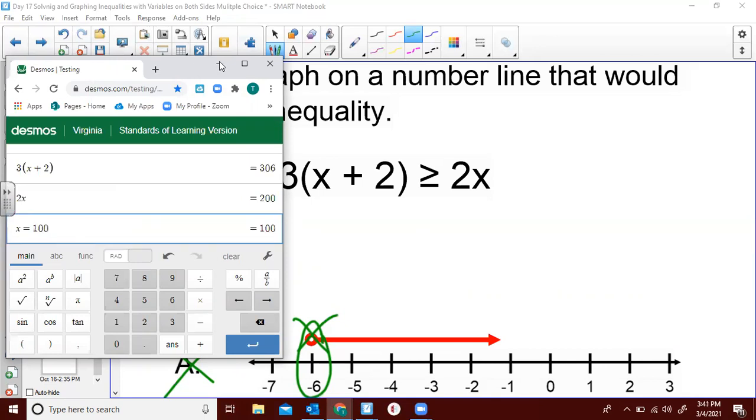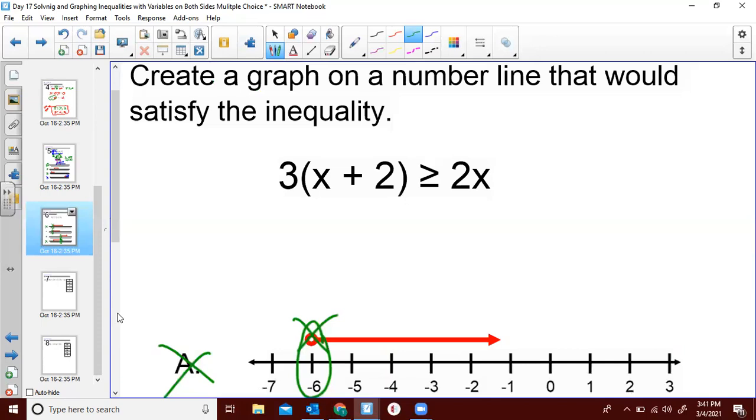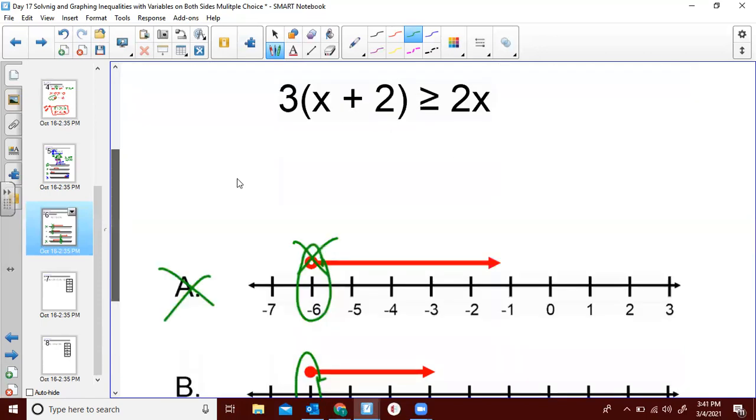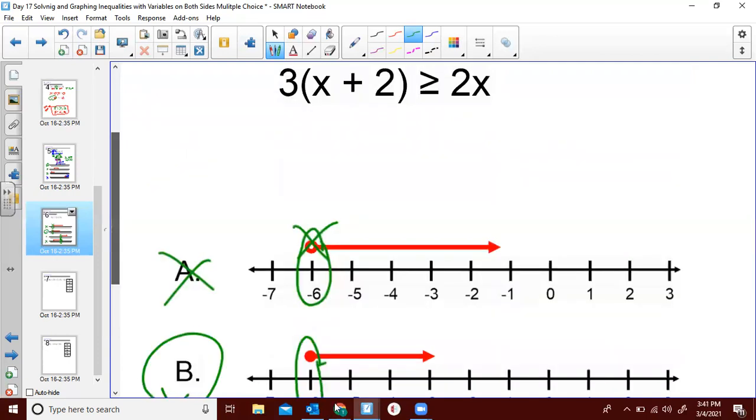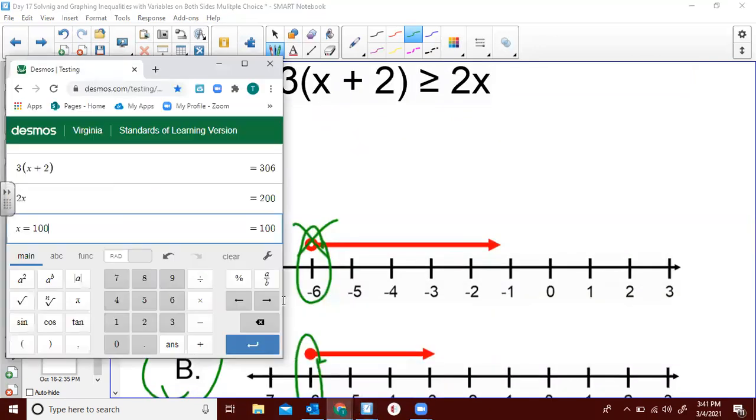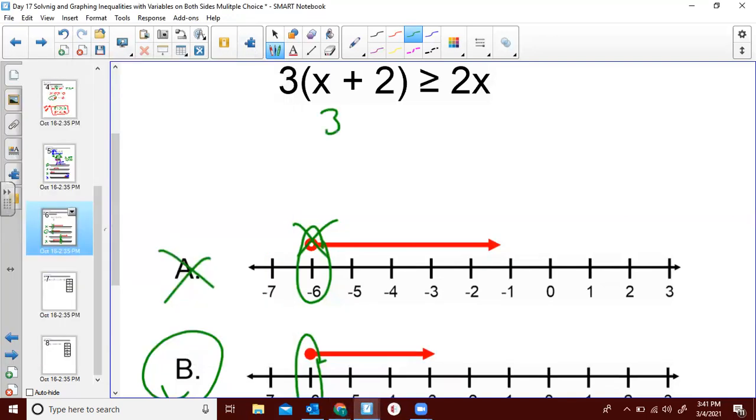So with a problem like this, we were pretty much good to go. We can say that B is going to be our answer. But just to prove to you that the 100 rule does in fact work, if I plug in 100 for x, I get 306 for my left-hand side, and I get 200 for my right-hand side. Is this statement true? It is.